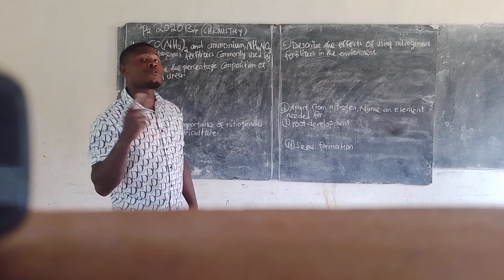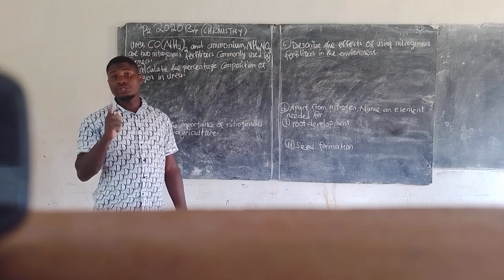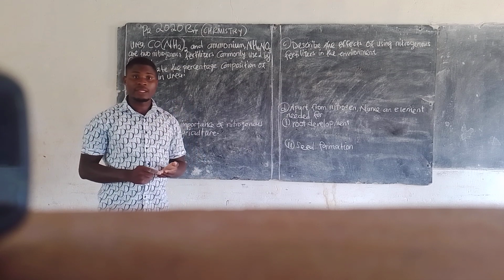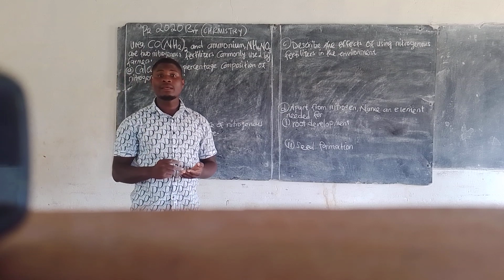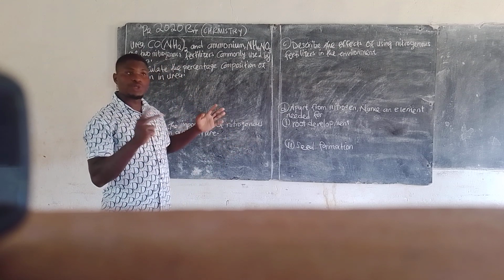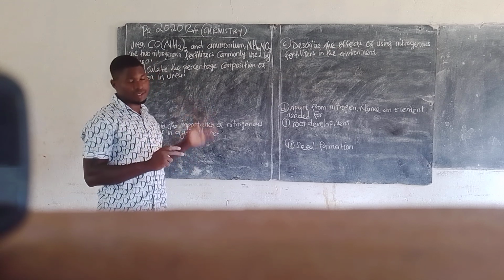For us to find the percentage composition of this element, what you need to know is that you need the mass of an element divided by the mass of the compound, multiplied by 100%. That is how we are going to go about this question.